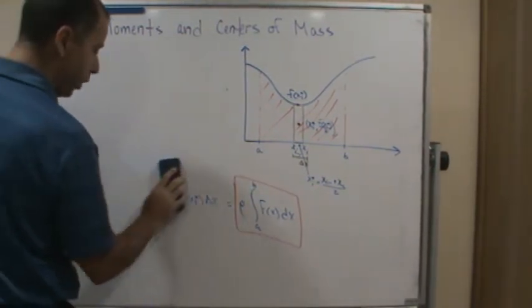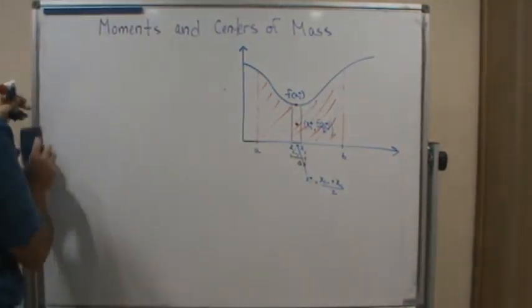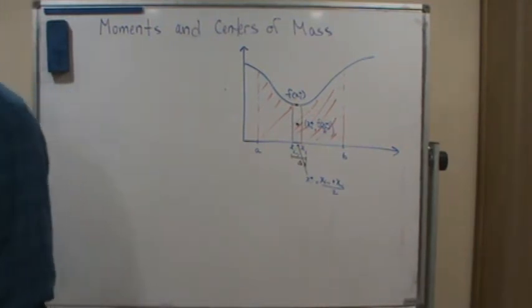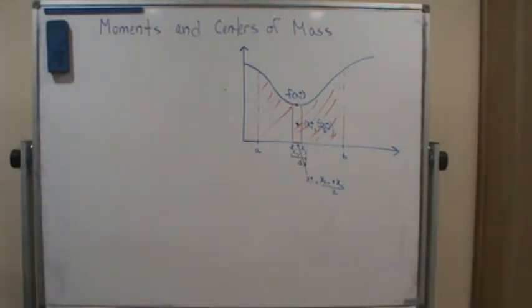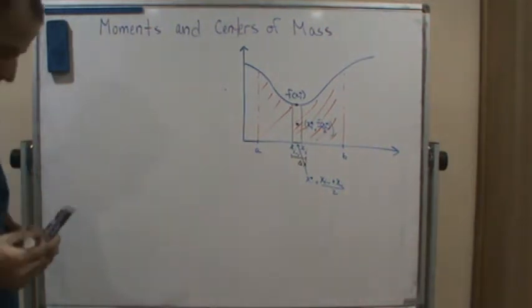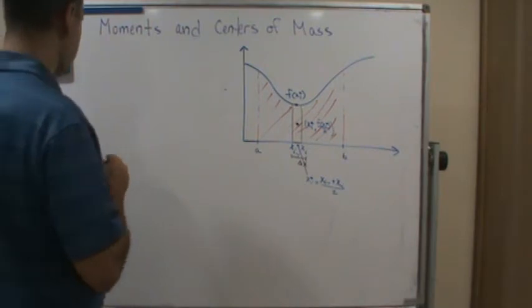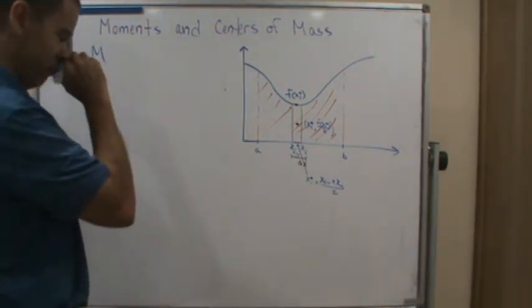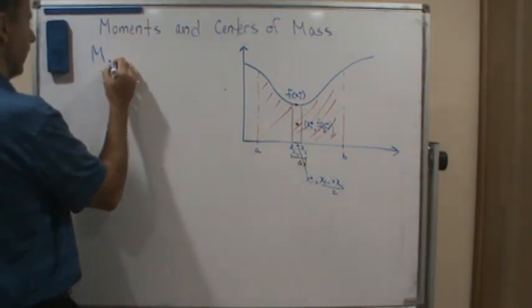So now let's deal with the moments. Okay. So let's deal with the first moment, which is with respect to the x-axis. So we want the moment of the system with respect to the x-axis.